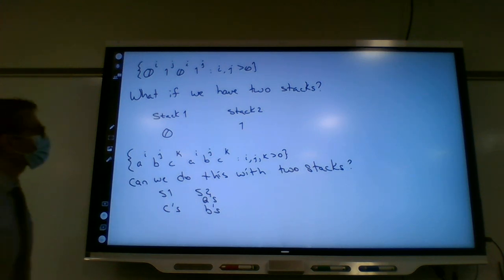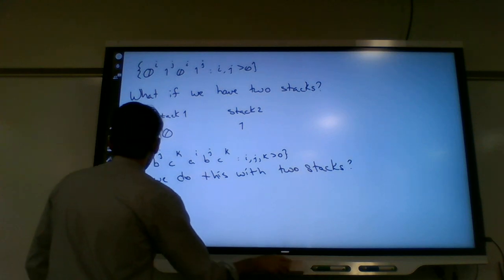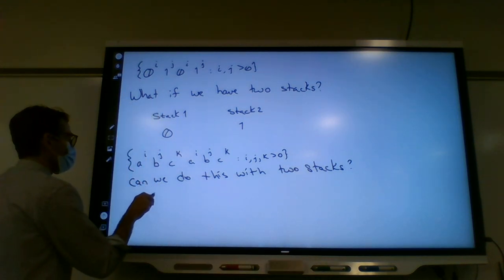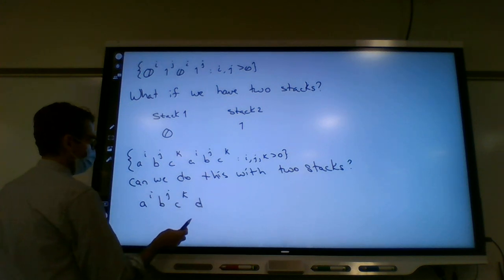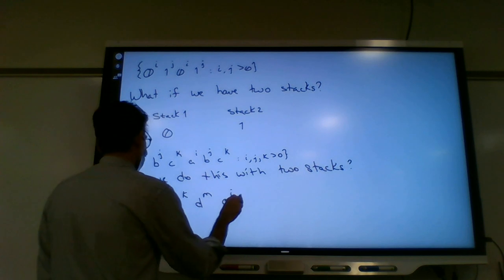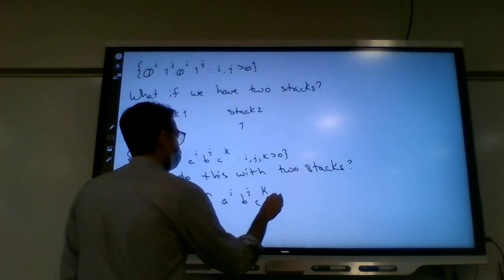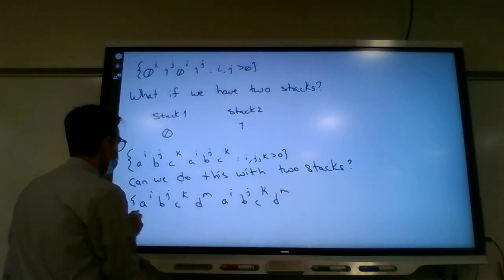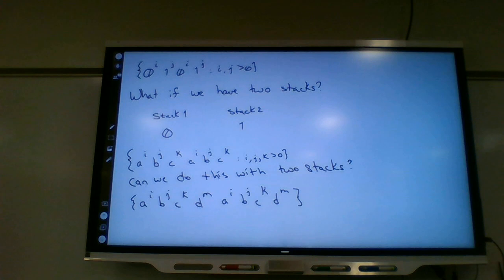All right, what if we expand this language even further? Again, all of those being positive. Can we do that with 2 stacks?